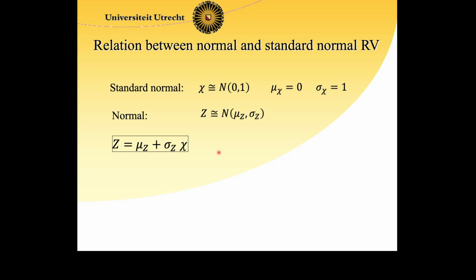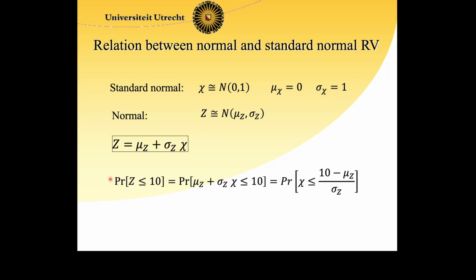Now this is handy because then we can get, for instance, if you want to know the probability that z is smaller or equal to 10, that is nothing more than the probability that the mean of z plus the standard deviation times chi is smaller or equal to 10. Then we can rework this, and we get the probability that chi is smaller or equal to (10 minus mean) divided by sigma.